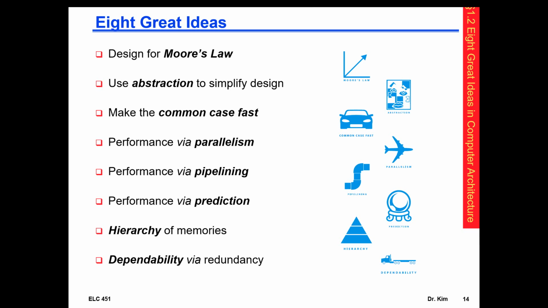Another way of enhancing performance is via prediction. For example, you're all familiar with if-else types of structures. If we could predict which way we're going to go on that if-else construct, if we could anticipate, we could start doing that part of the code before we actually know what the answer is.